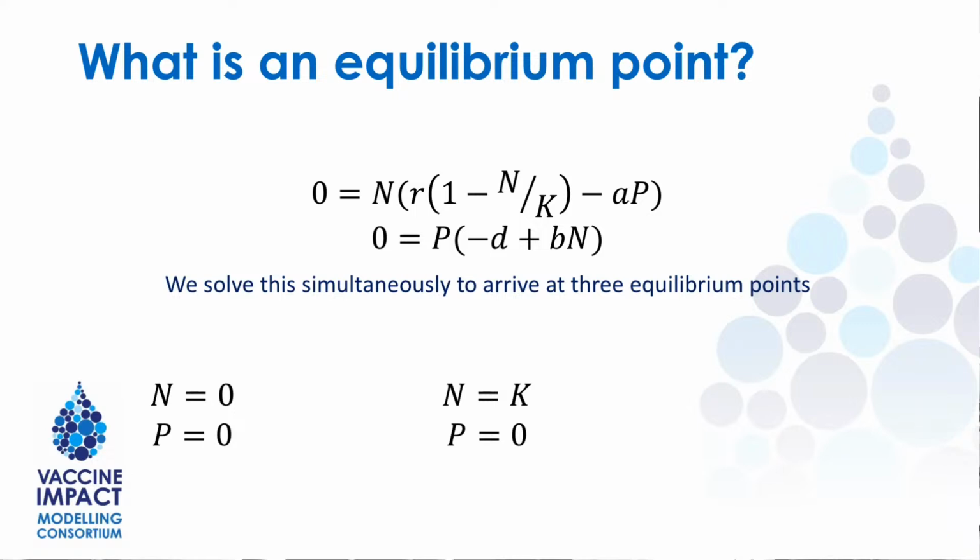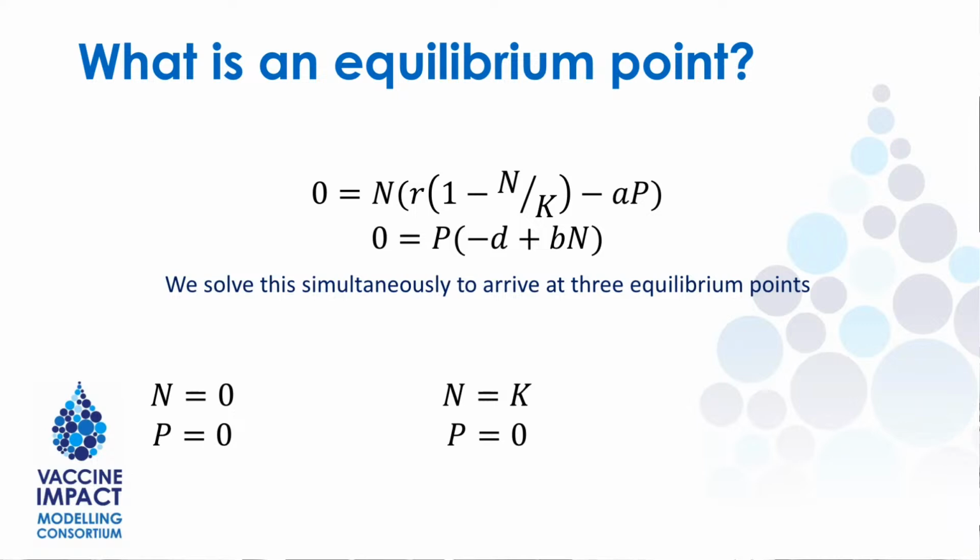Great, we've got a solution for n. We can use n equals 0 and see what value of p makes this equation make sense. Okay. So if n is 0, this whole term disappears, and we've got minus dp is equal to 0. So if n is 0, p is 0, that makes sense. That means that both of these equations are 0.